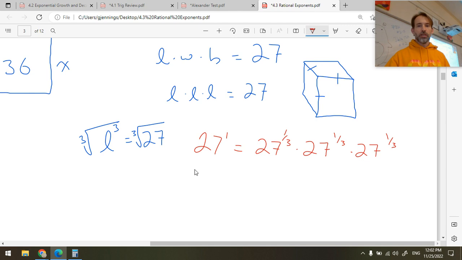When we have exponents that are fractions, it's like taking the nth root of that number. Meaning, how many times do I need to multiply this number by itself to give me that number? This many times.